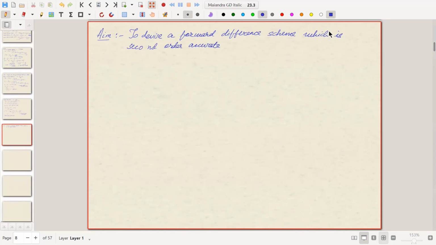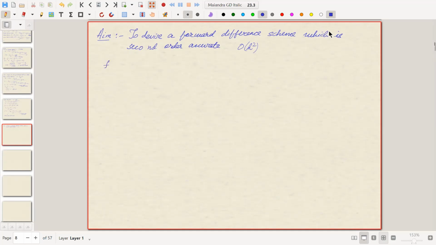That means the order term should be order of h square. We did not have this previously. Previously we had order of h. If we have h square, it will be more efficient, because the error will be less. So therefore, we are devising a new method. That's the motivation.